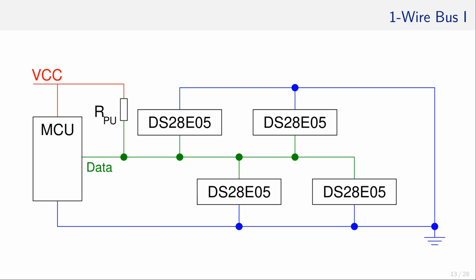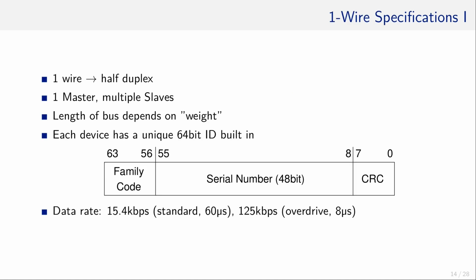That means the master or MCU needs a way to address each of those devices individually. To do so, each of the devices has a unique 64-bit ID programmed into a read-only memory. Since this ID can never change, it is unique not only in the bus, but on the entire planet.